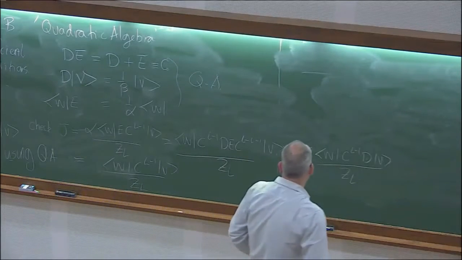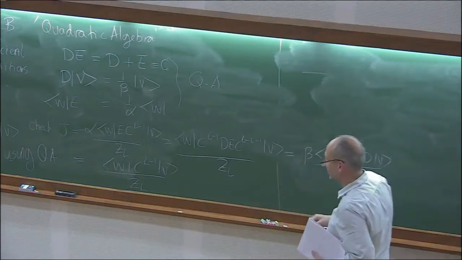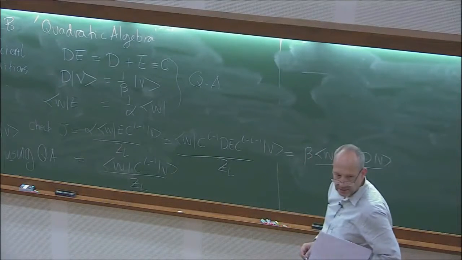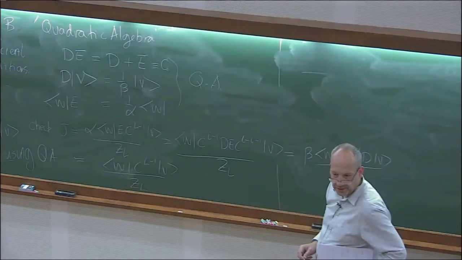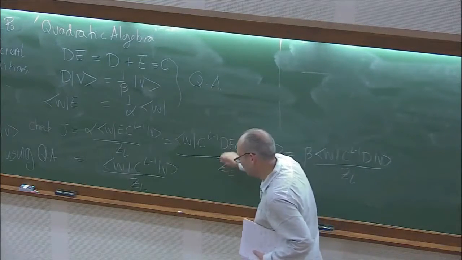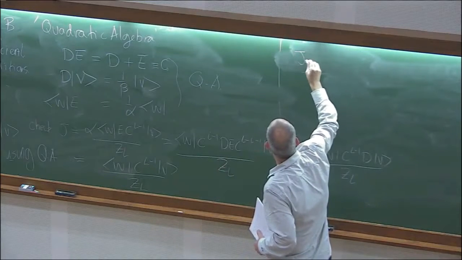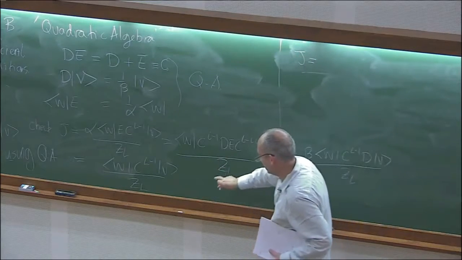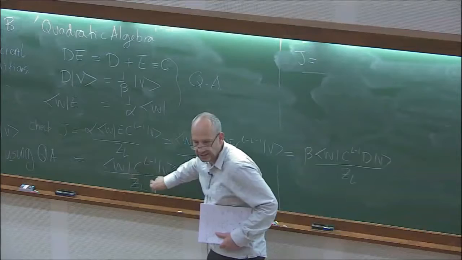From that we actually get, someone asked a question earlier, and I said that the current plays the role of a free energy. So this is now suggestive, because what I've shown here is that J I can write, remember, this thing is actually ZL minus 1.